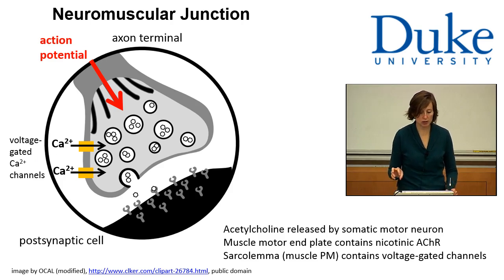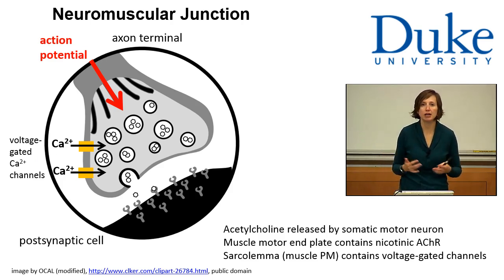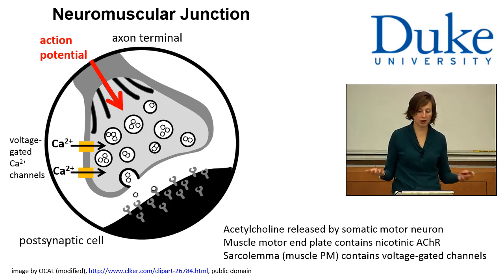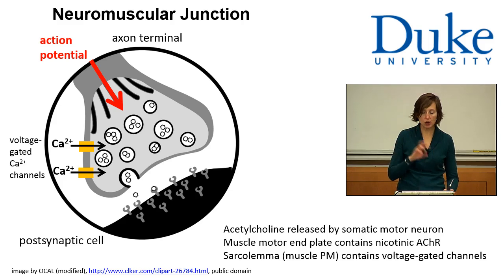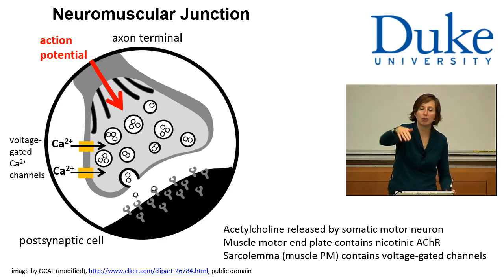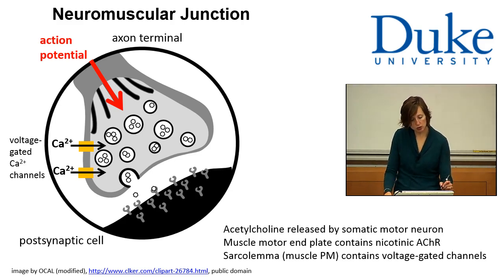So let's talk about the neuromuscular junction, which is just going to be a certain type of synapse, which we've already talked about. There's nothing so unusual with it. We're going to have the axon from the somatic motor neuron coming to contact the plasma membrane of the skeletal muscle cell. So the action potential will travel down that axon.